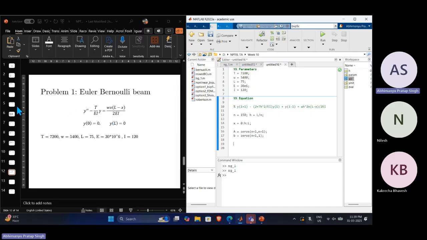Yeah, we know the Dirichlet boundary conditions at both the ends. So we can simply write the first term of A matrix as 1, and for the B, it should be 0.